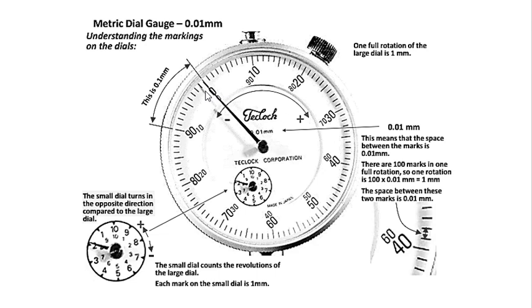If you go from here to here, there are 10 of them, so times 10 gives you 0.1. Times 100, because one entire revolution has 100 markings, gives you 1 millimeter. And the little dial is going to count the revolutions of the larger dial, so each one of them is 1 millimeter. We can do 10 of them, so 10 countings here.